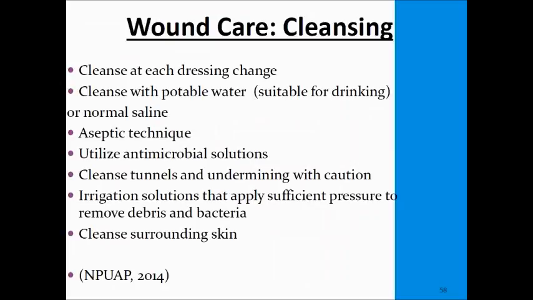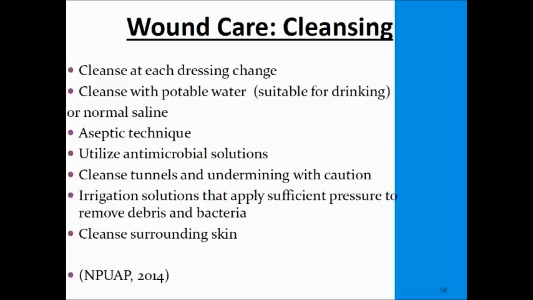Okay, wound care cleansing. Cleanse at each dressing change. You want to cleanse with water suitable for drinking or normal saline. You do want to use aseptic technique. It's not necessarily a sterile technique, it's a clean technique when cleaning. You want to utilize antimicrobial solutions to clean the debris or infection or any bacterial colonization.